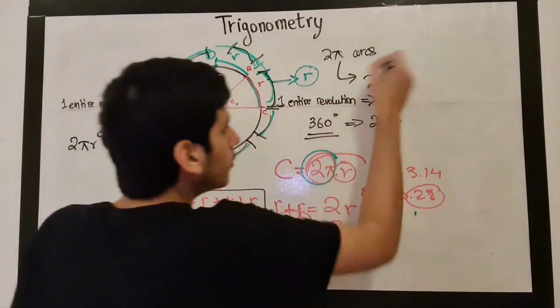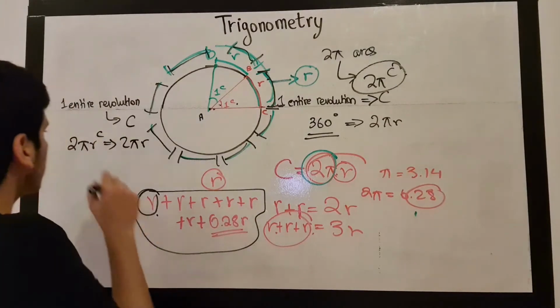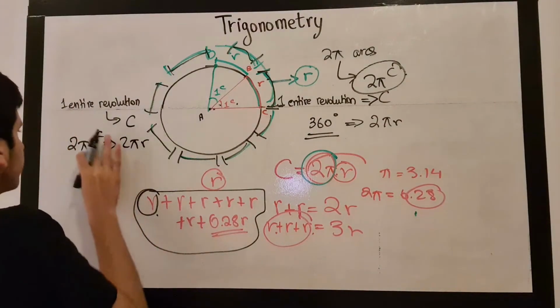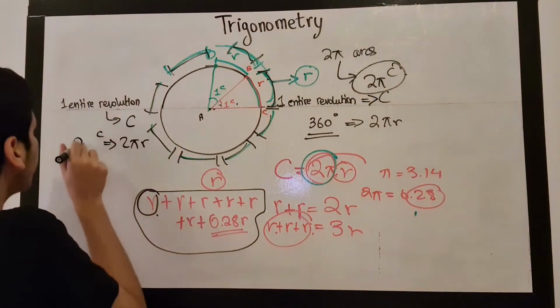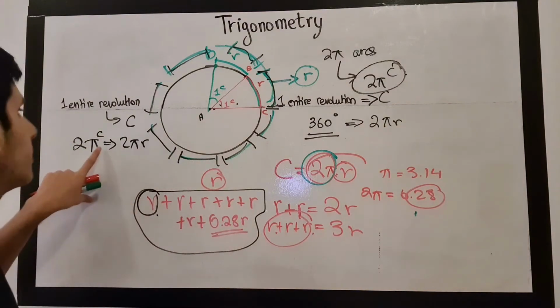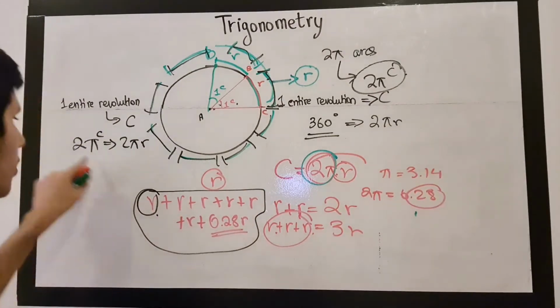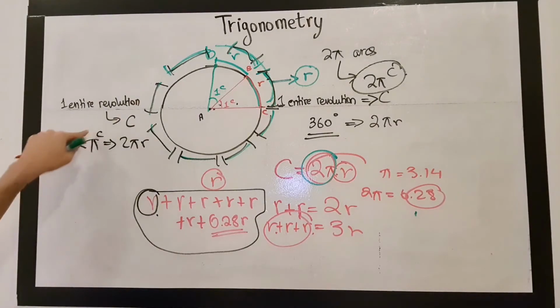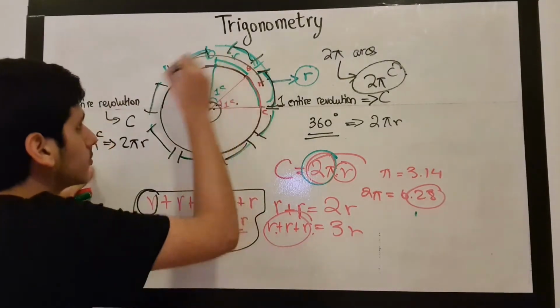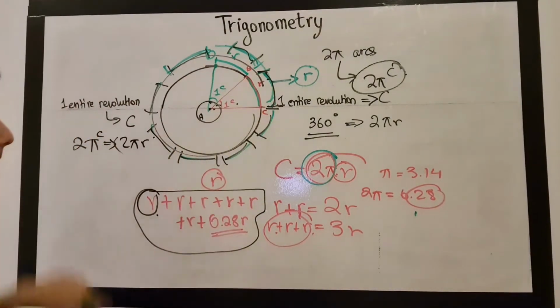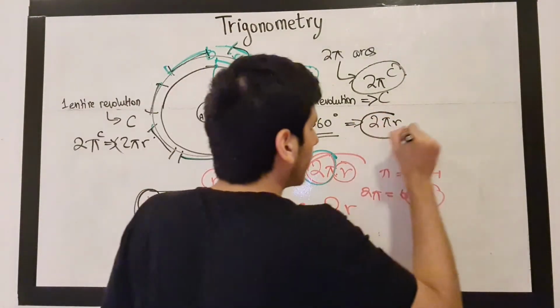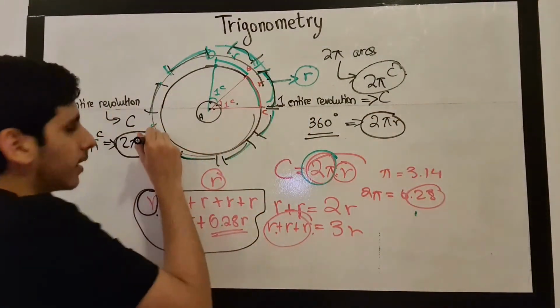So now I know this: 2 pi radians, not 2 pi r radians, 2 pi radians at the center corresponds to the circumference, which is 2 pi r. Now this is 2 pi r, this is 2 pi r.